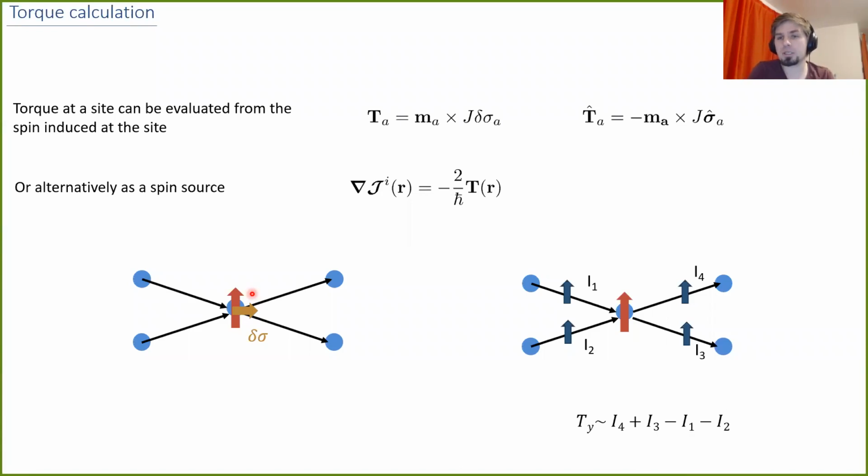Spin of the whole system is conserved, and we can clearly define it. And so we can calculate the torque by either calculating the spin polarization or looking at the spin current that flows in and that flows out, and then the difference will basically give you the torque. And this also means that automatically the torque has to be, in this case, connected to spin currents.